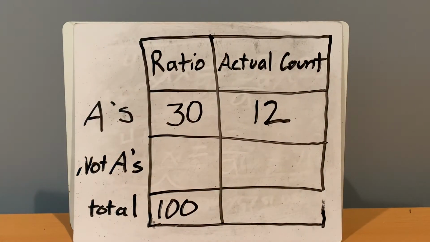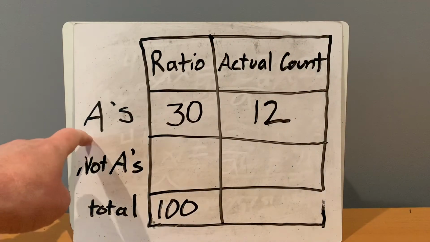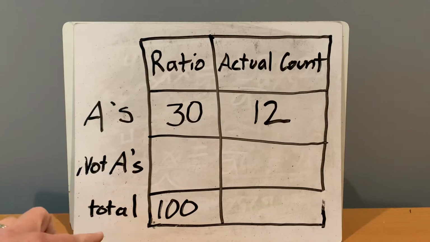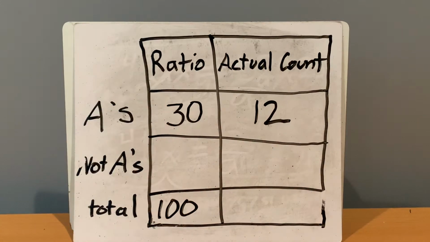So 30% of the students earned an A on the test. If 12 students earned an A, how many students were in all? So we're going to make a ratio box with our ratio and our actual count. We have students that earned A's, not A's, and our total. 30% earned an A. Our total is 100.